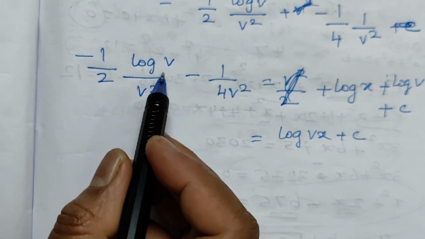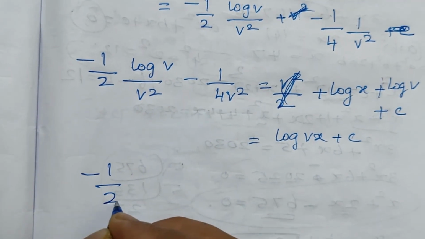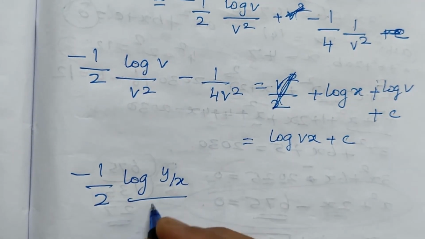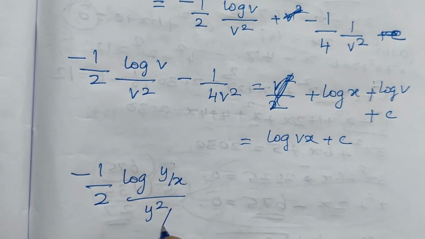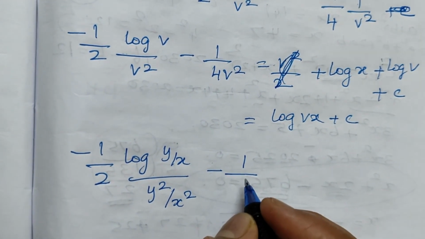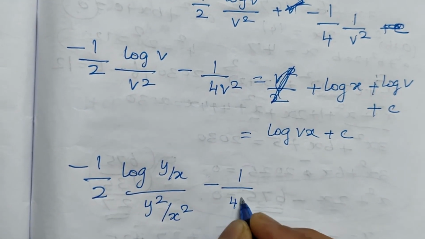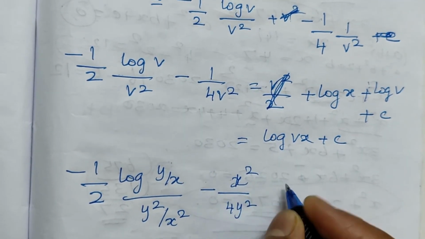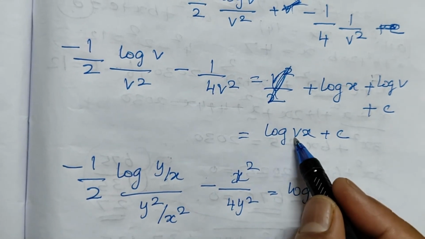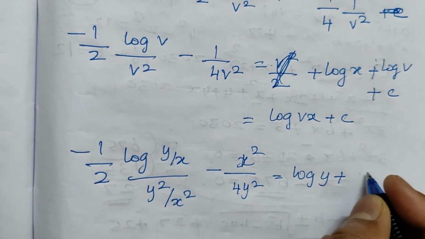Here minus 1/2, substitute v = y/x. So what you get is minus 1/2 log(y/x) divided by y²/x², minus 1/4 y²/x², equals log y plus c, since v = y/x, so vx = y.